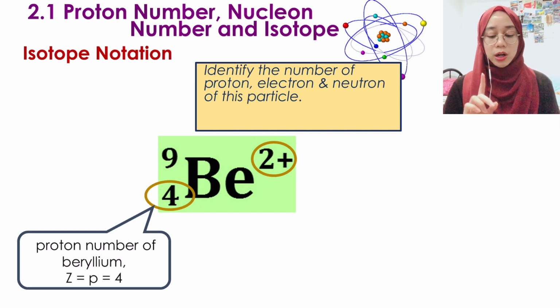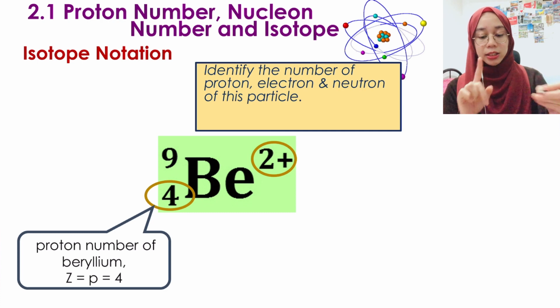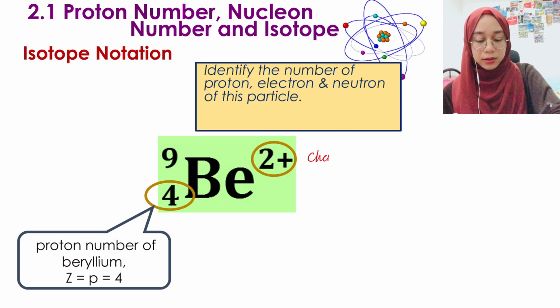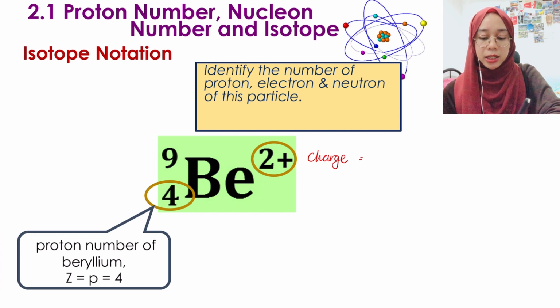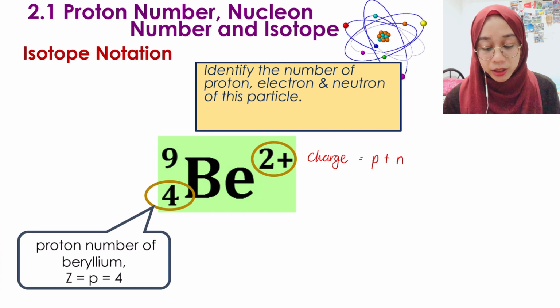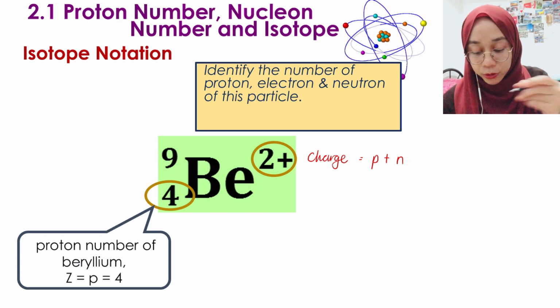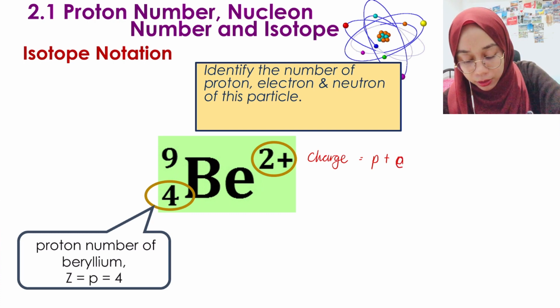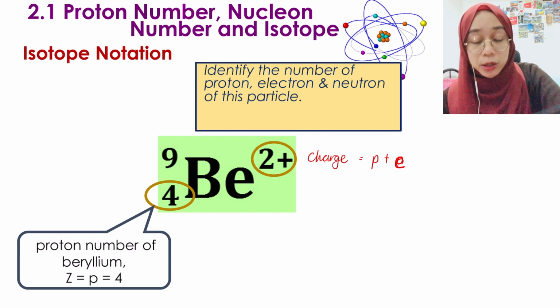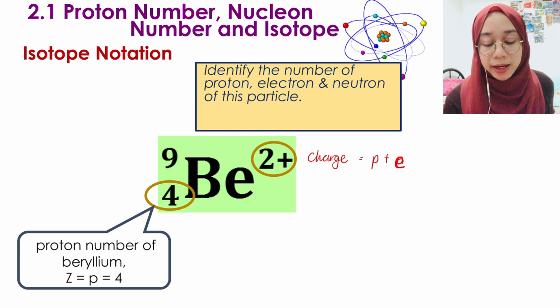So the charge formula is actually proton plus electron. Sorry, proton plus electron. Proton plus neutron earlier is the nucleon number, right? So the charge is proton plus electron.